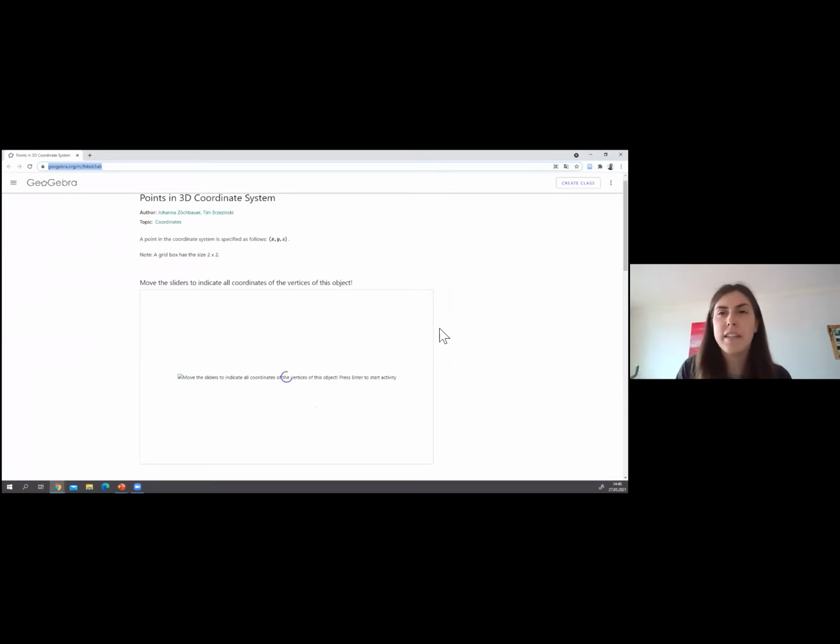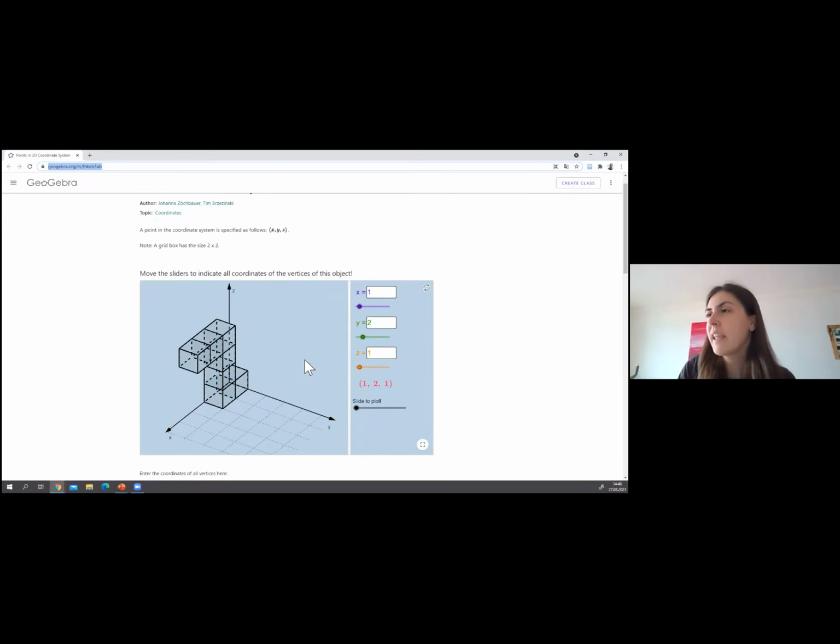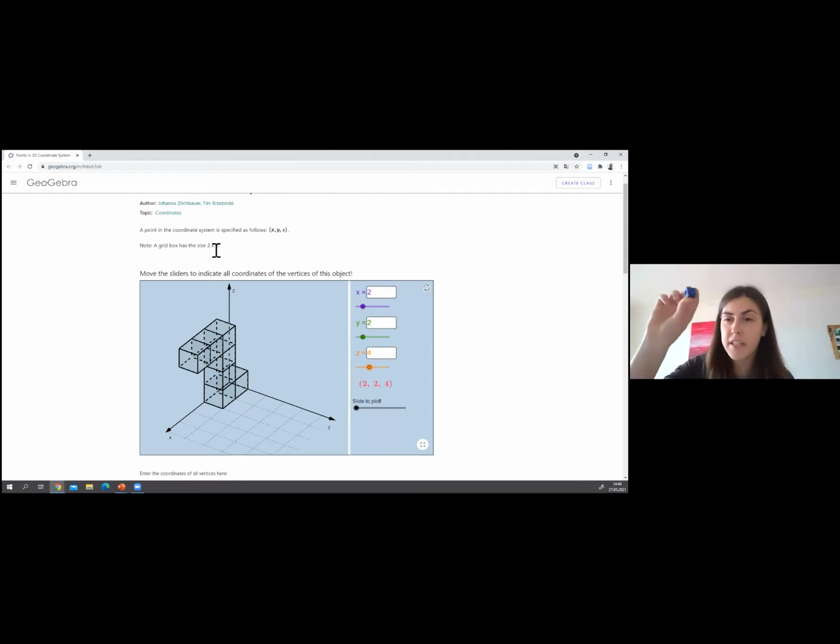So the students will get the worksheet and it will look like this. They have here the object. They can move or enter some coordinates here. So in this case, they have to note that one box has the size of 2 × 2, just the same size of one of these thick cubes.